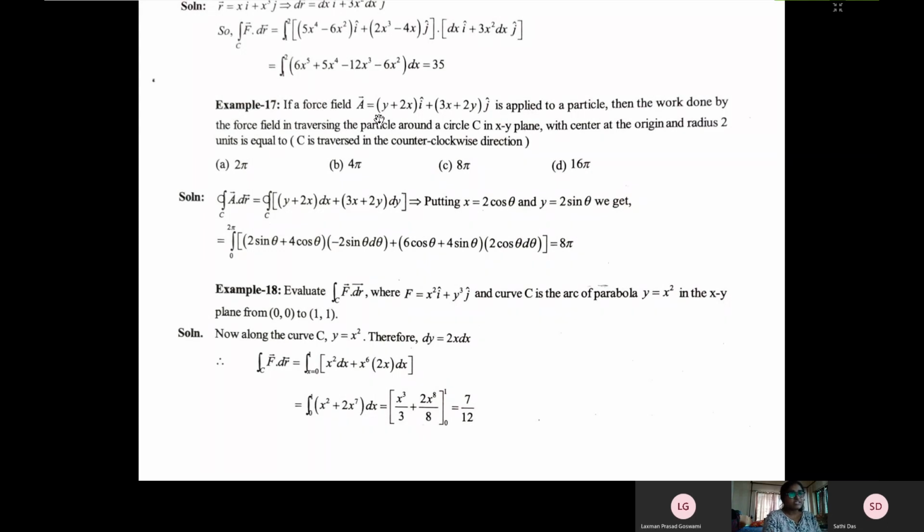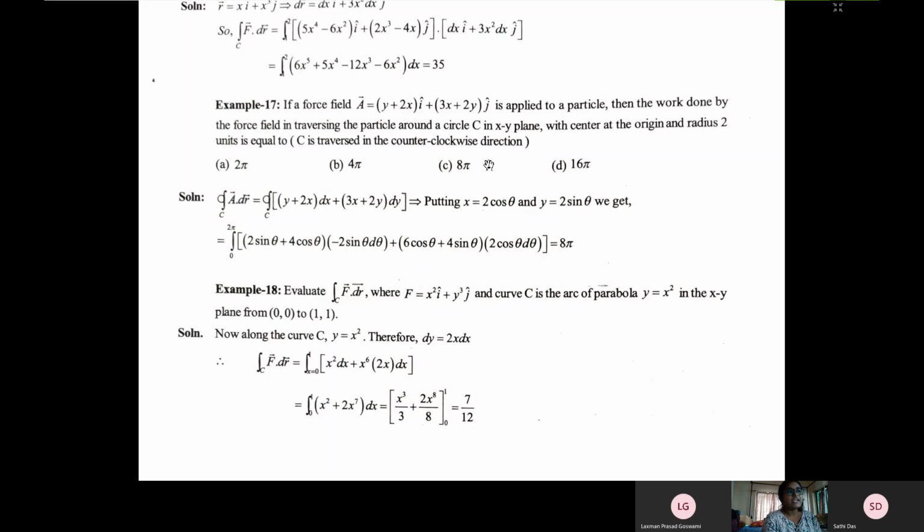If a force field A, which is y plus 2x i cap plus 3x plus 2y j cap, is applied to a particle, then the work done by the force field in traversing the particle around the circle C in the xy plane with center at the origin and radius 2 units is equal to 2 pi, 4 pi, 8 pi or 16 pi.